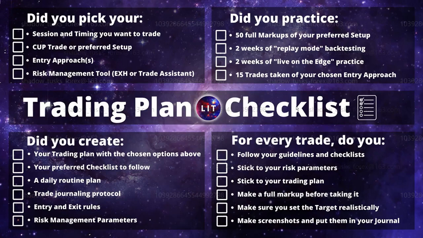So we have four separate checklists that you want to make your way through. Obviously starting in the top left and then going to the top right, bottom left, bottom right. And so obviously we're going to start off with actually making the trading plan.